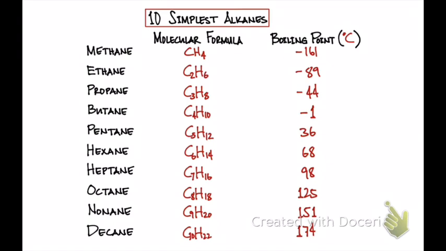And then all the rest, from pentane all the way to decane, their boiling point, at least for pentane, is 36, so it's at least 36 degrees Celsius. And so they exist as liquids.